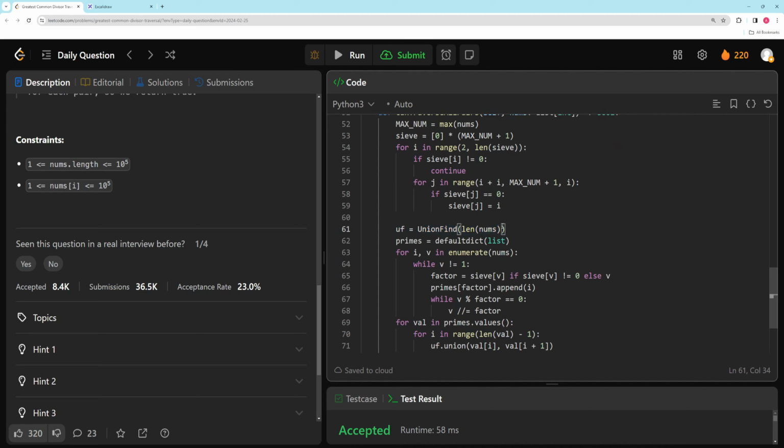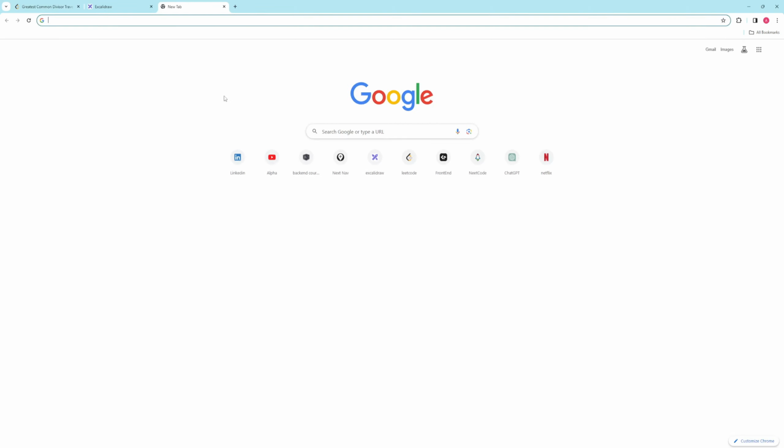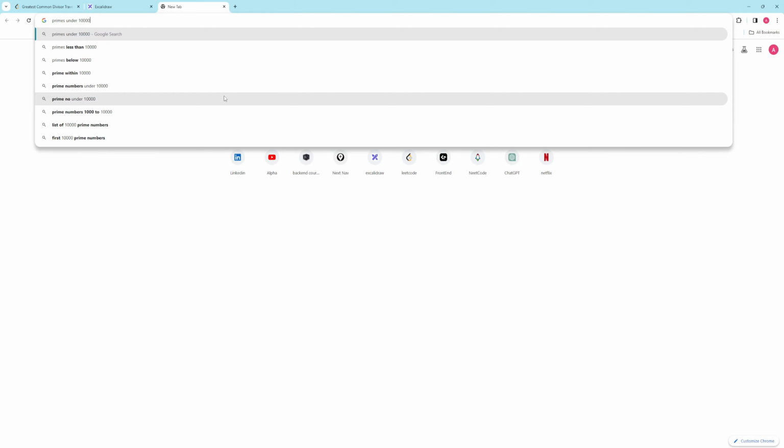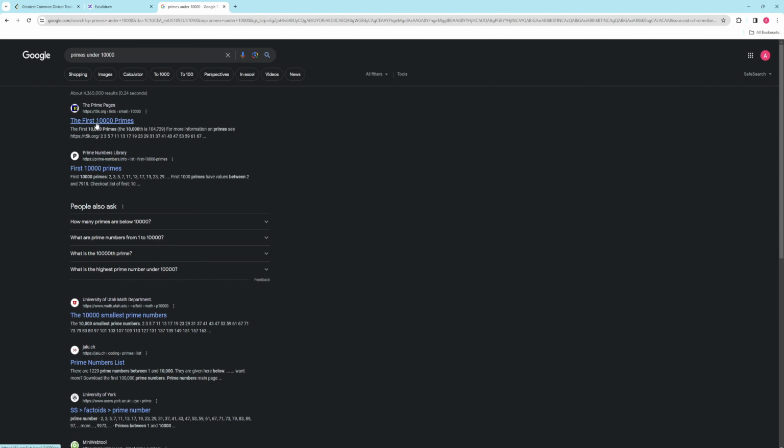So for every number, you'll only have each thing once, and there's not that many primes. I think there's like 1,000 primes or something, or less. We can probably look it up actually, number of primes under 10,000.